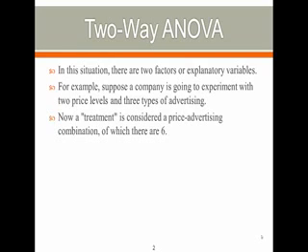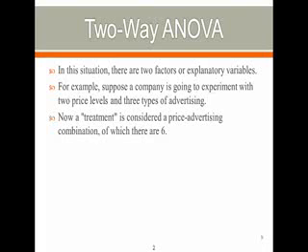In this situation, we will have to consider two factors or explanatory variables. For example, suppose a company is doing an experiment with two-level prices and three types of advertising. One factor will be the price, and the second factor will be the type of advertising.